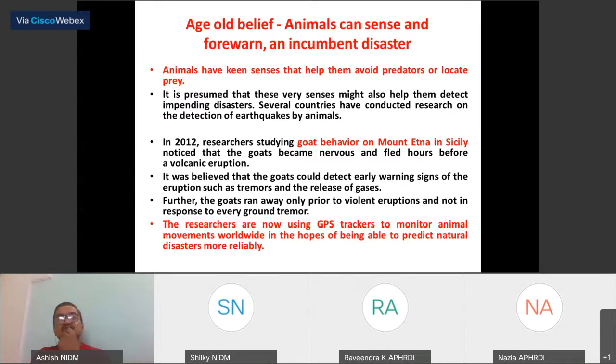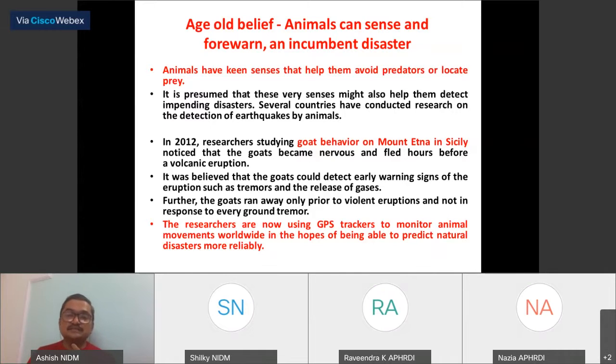So they are very sensitive, and they are also very cautious with respect to the tremors, with respect to earthquakes being observed in those areas. So we can presume, and this study is still going on, that some animals might give us early warning signals with respect to disasters.